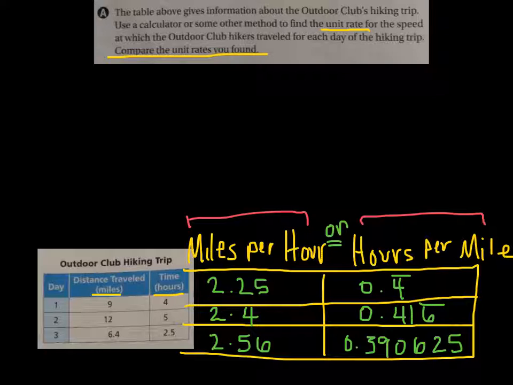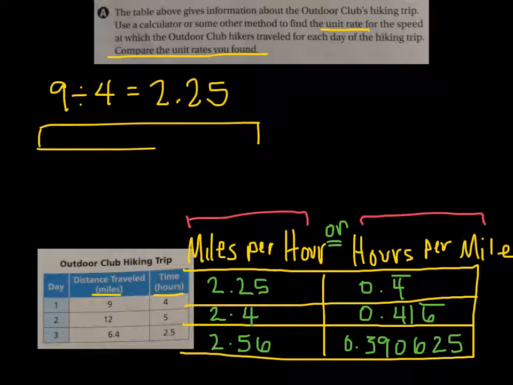So, 9 divided by 4 equals 2.25. You can represent this with a number line as well, 0 to 9, dividing it into 4 pieces. Each one of these, when you do the calculations, is going to be worth 2.25. Correct?